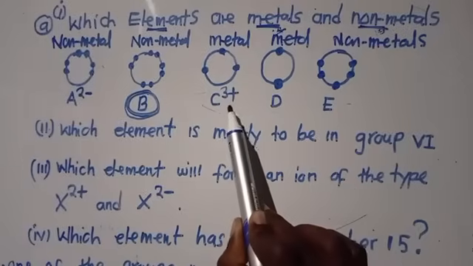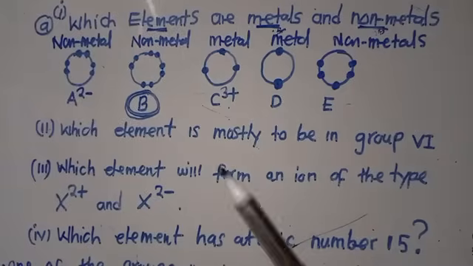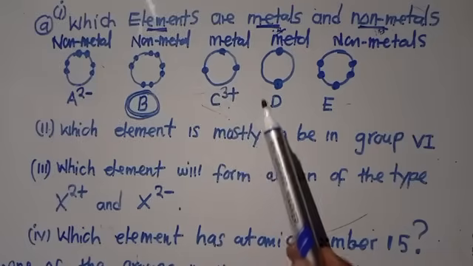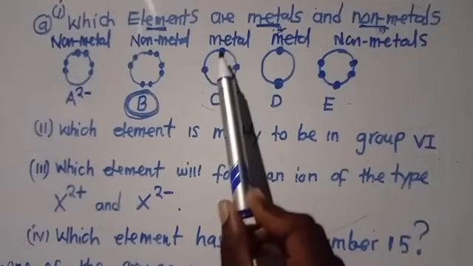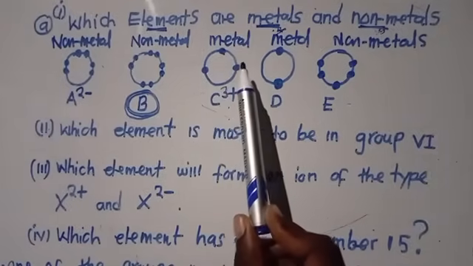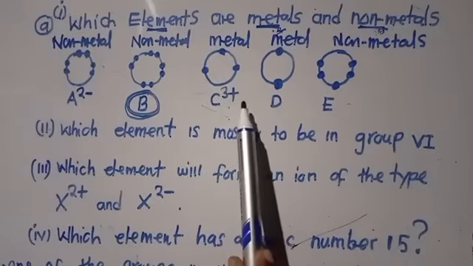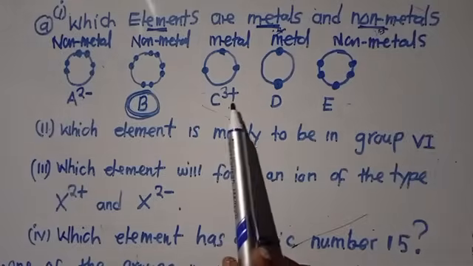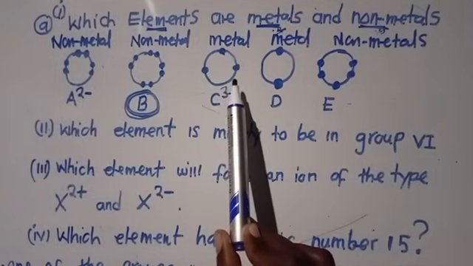When I say metals lose electrons, they lose their outermost shell. So this one is going to lose 3 electrons, and when it loses these 3 electrons, it becomes 3 plus. So this is an ion that is going to be formed.